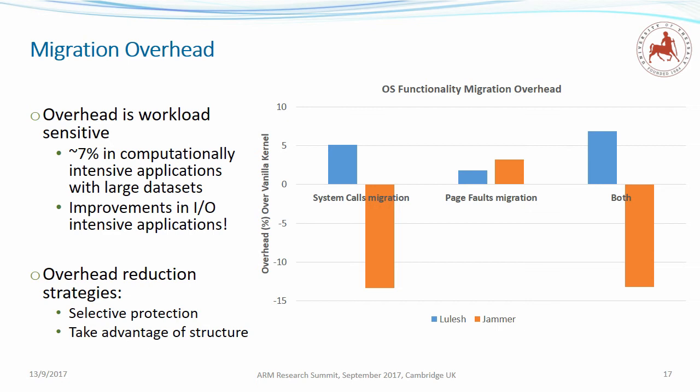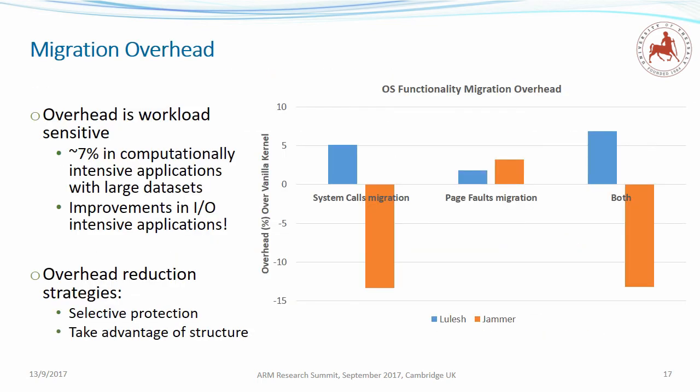Jammer appears to run faster in this case. It was a really strange result. It can be explained, however, because it is an I/O-intensive application. It involves around 16 threads, if I recall correctly. And by migrating operating system services to the reliable cores, the threads of the application can find a free and reliable core to run more easily.